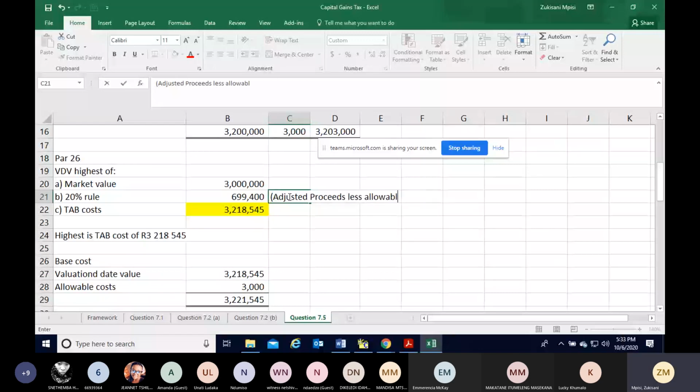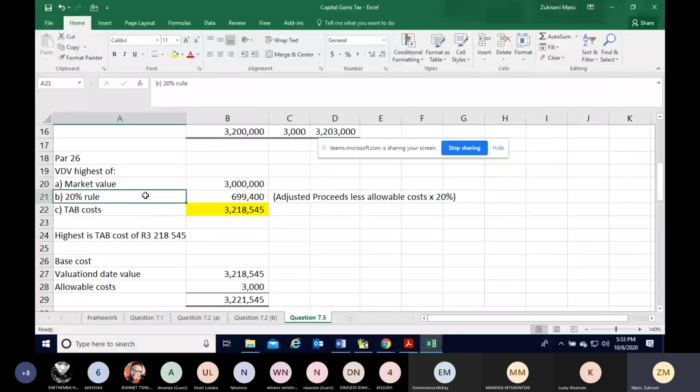Remember, allowable costs are costs that are incurred after 1 October 2001, multiplied by 20%. So this is what we do when we are dealing with the 20% rule. I hope you are answered.